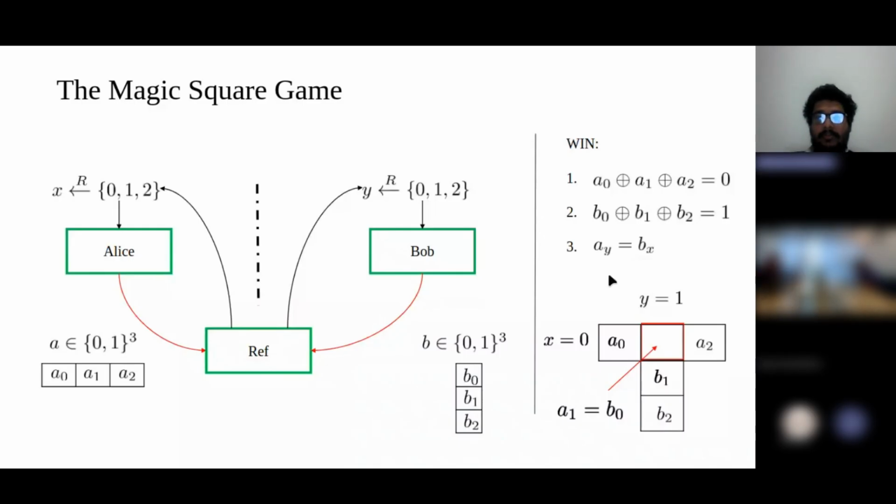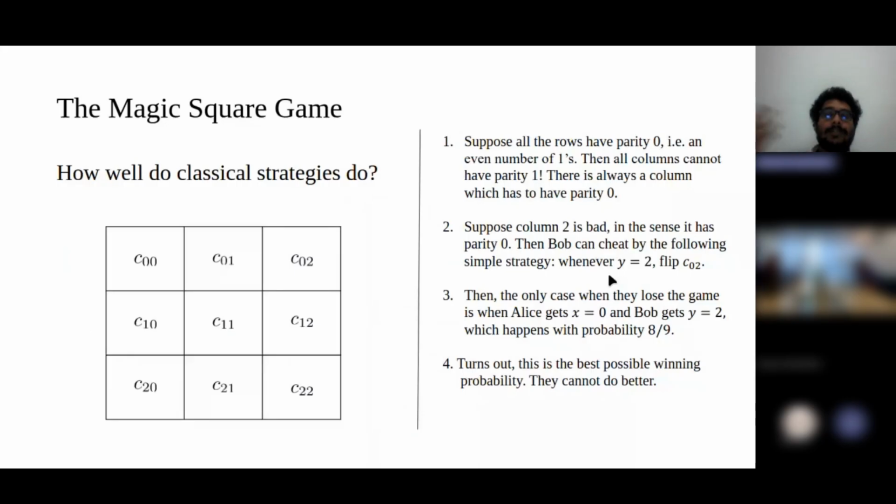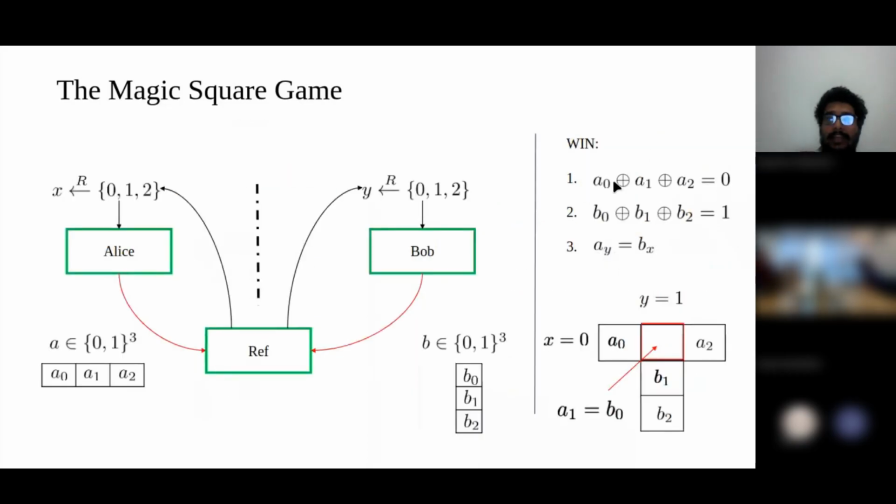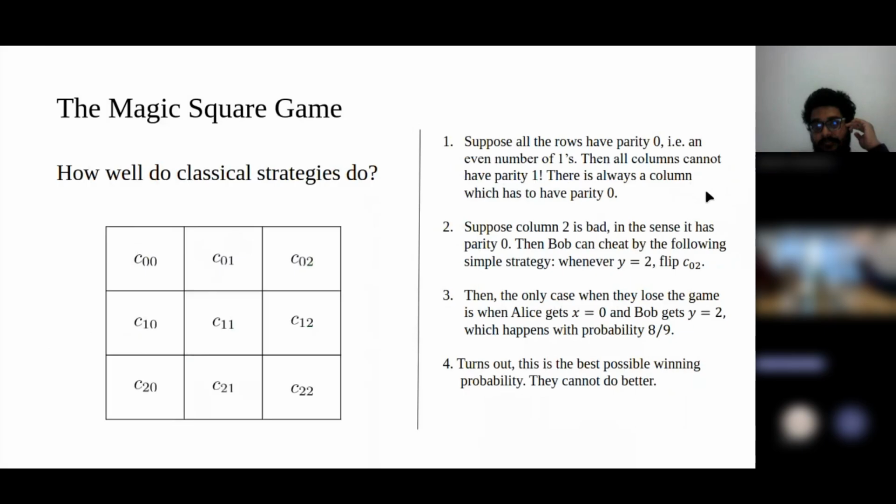Okay, so now, how well do classical strategies do? Firstly, what is a classical strategy? A classical strategy would basically be a table like this, which Alice and Bob both know a priori. So let's try to fill up this table according to Alice's parity condition. So each row has even parity.